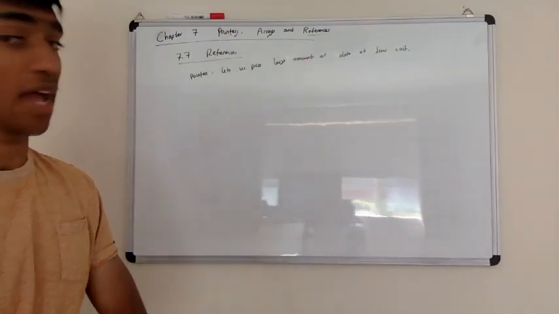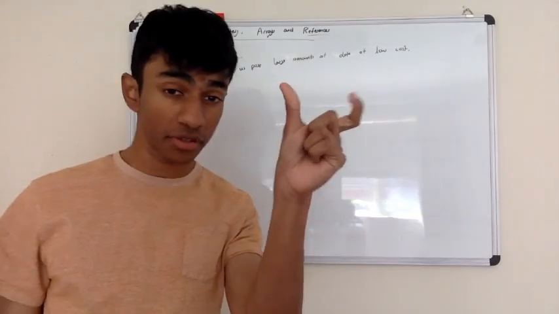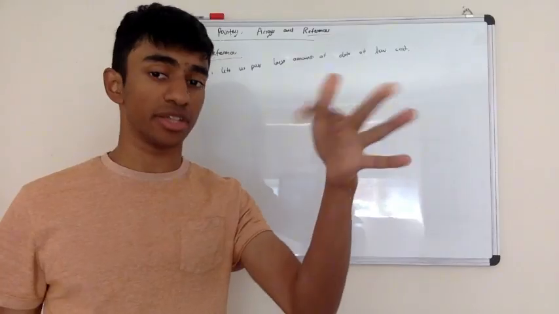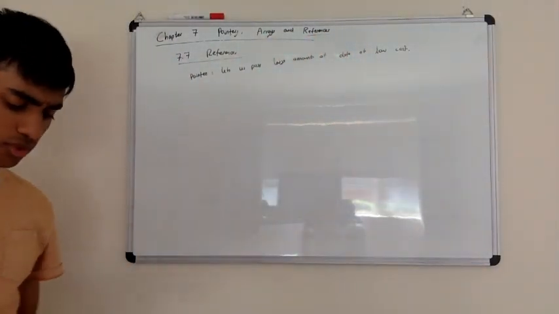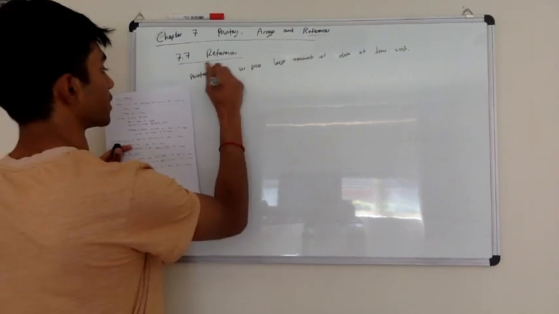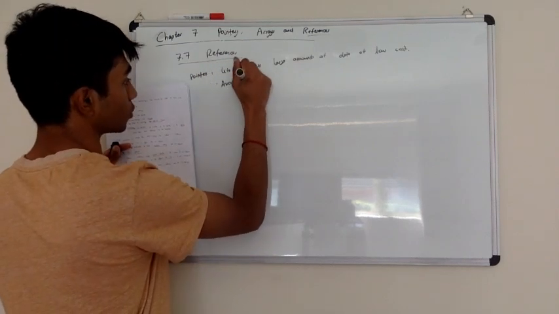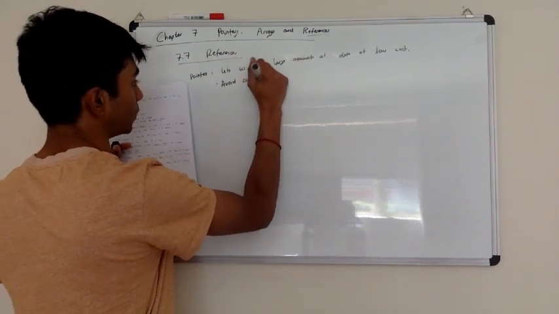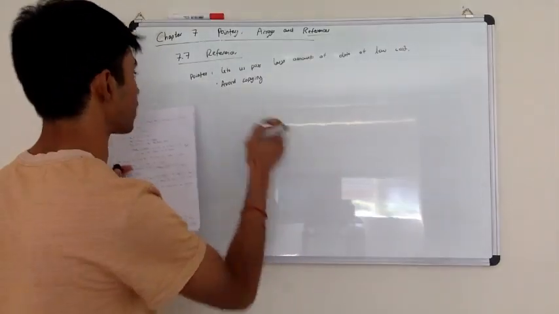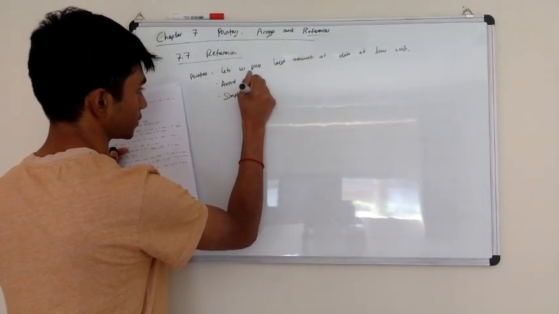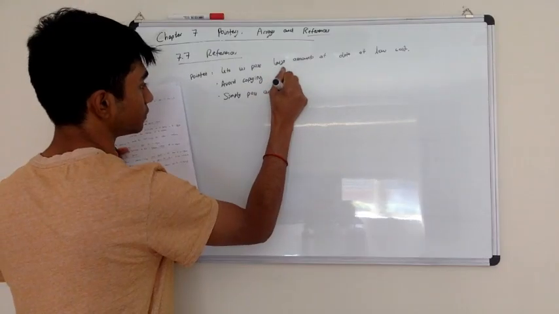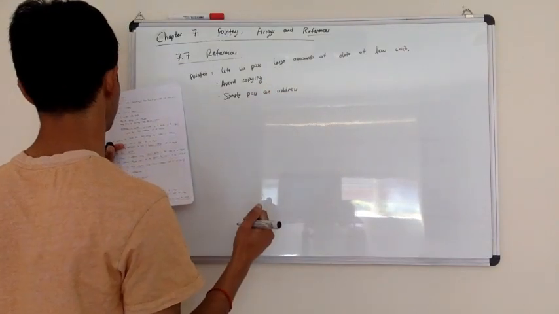In reality, just the address of the very first element is passed, and using that address, we can access the first element and all other elements after it. So in this context, we avoid copying every element; we simply pass an address, which is cool.